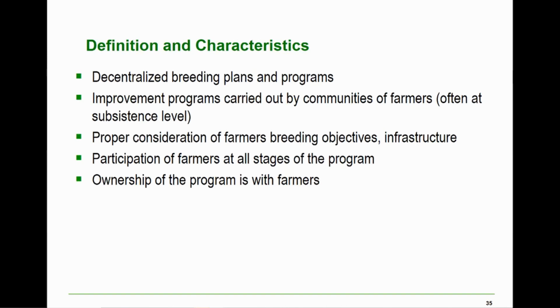And the farmers are not just the customers of the program, but really part of it, starting from day one when the breeding objectives need to be defined, and continuing at the later stages of the program as well. So the ownership of the program is essentially with the farmers.